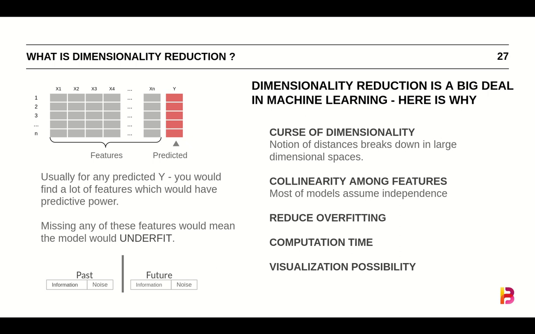This is called overfitting. But when we do not have enough features, that means there might be a lot of things which have predicting power for y, but we have access to only a few, let's say. Then we might not be able to capture all the information from the past. This is a typical case of underfitting.